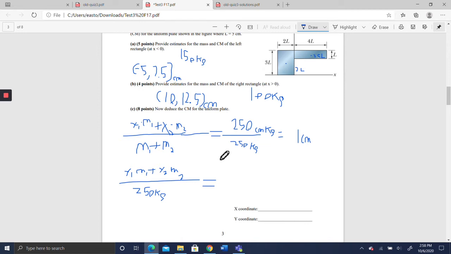So if you plug in those values, you should get your value on the top of 2,380 over 250.